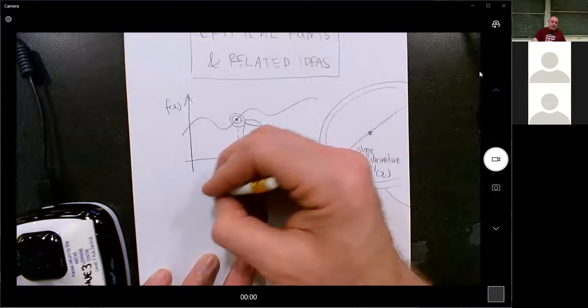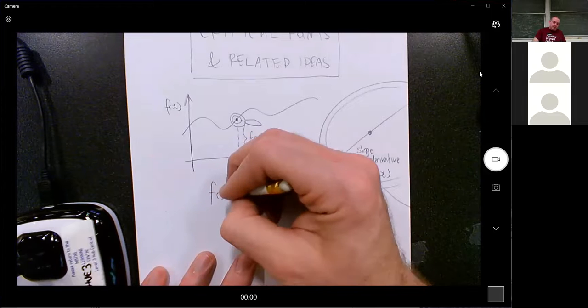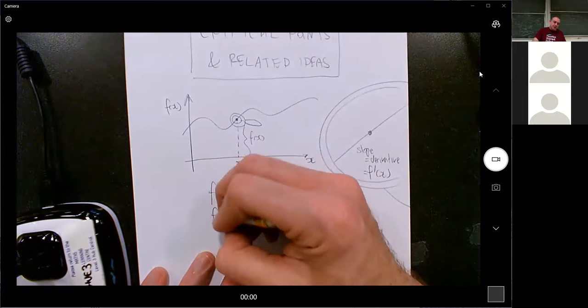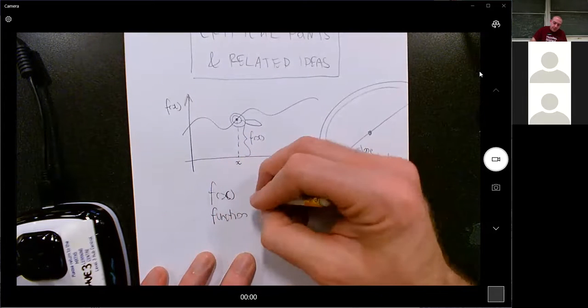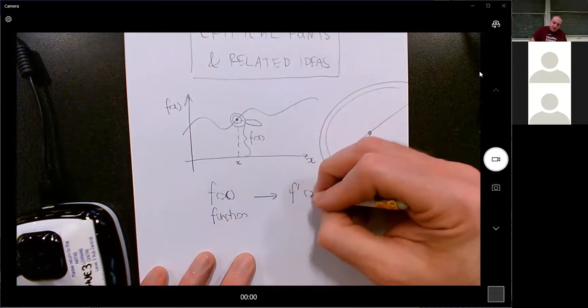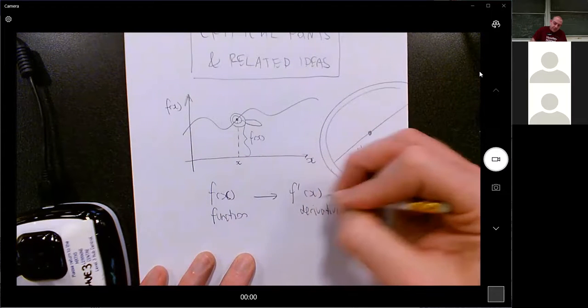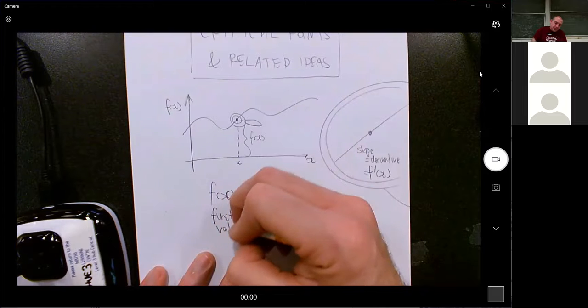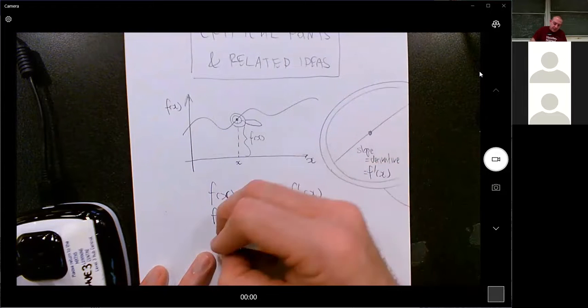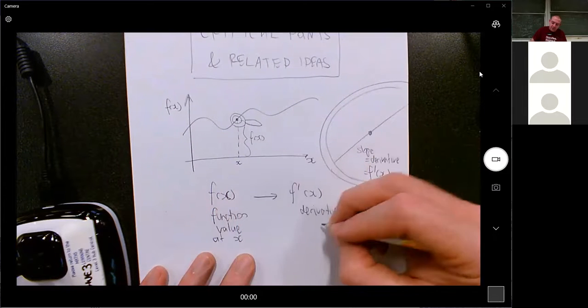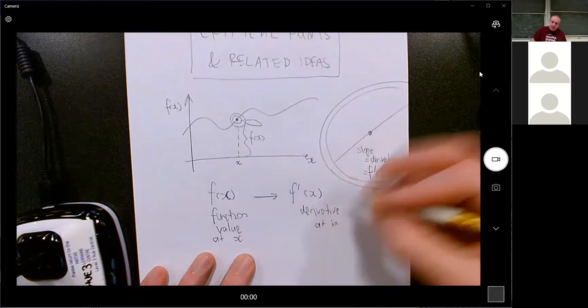So I could say f of x is the function, and f dashed of x is the derivative, technically the function value at input x, and the derivative at input x.